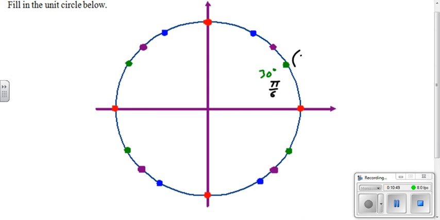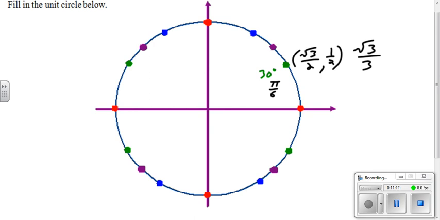The coordinates for that are going to be √3/2, 1/2, in which case we do 1/2 over √3/2. So our tangent, with a little simplifying and rationalizing, comes out to √3/3.